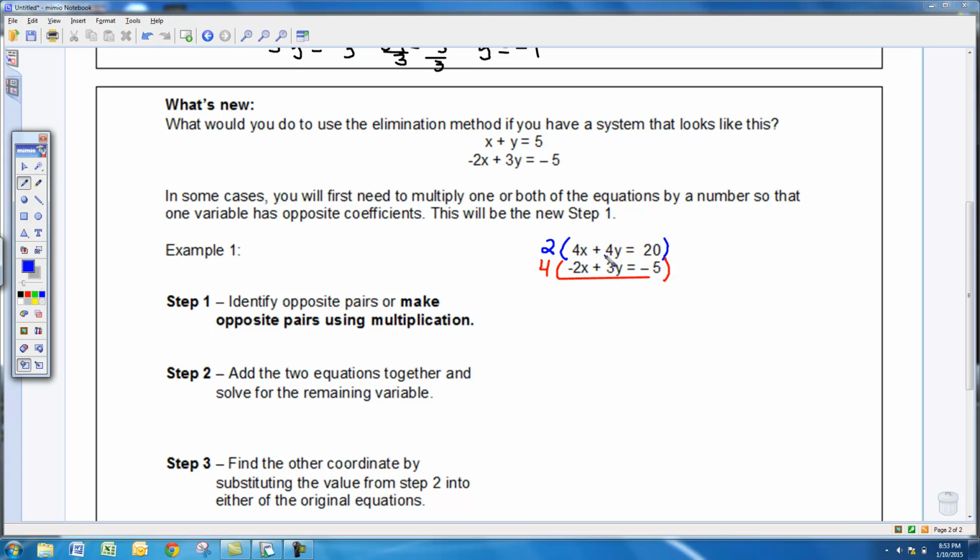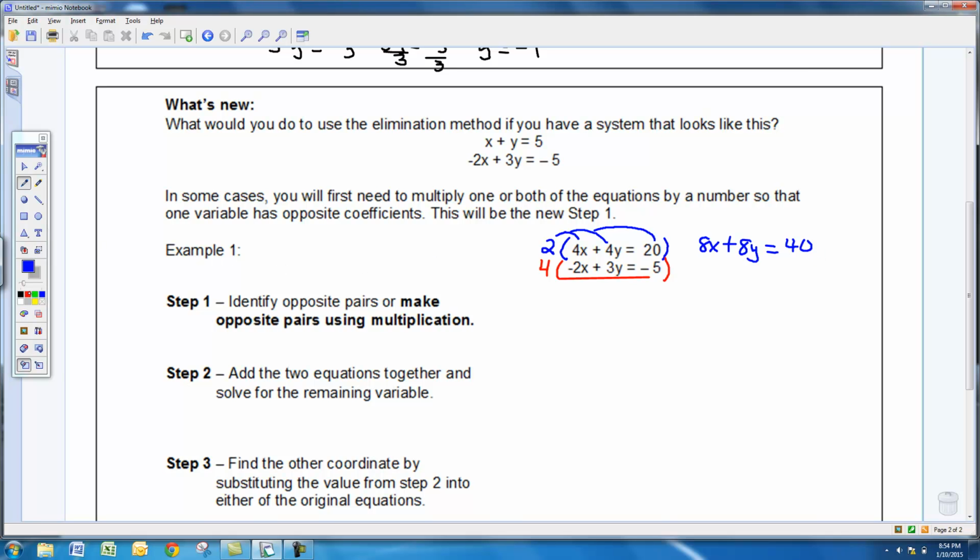So we're going to multiply the whole top equation by 2. So 2 times 4x is 8x. 2 times 4y is 8y. We're also going to multiply 2 times the constant. 2 times 20 is 40.